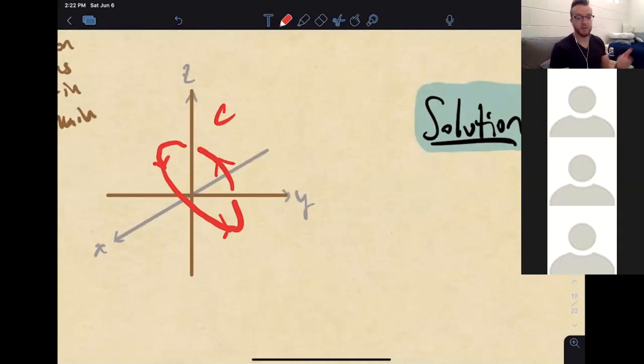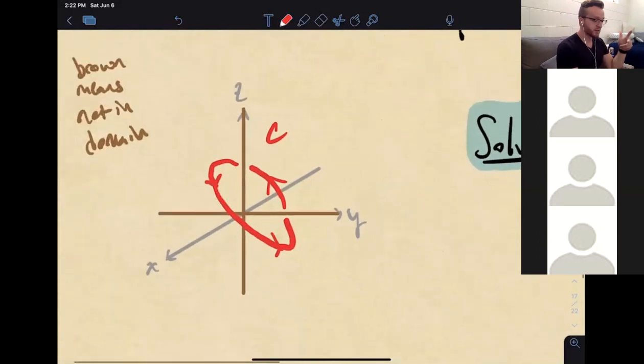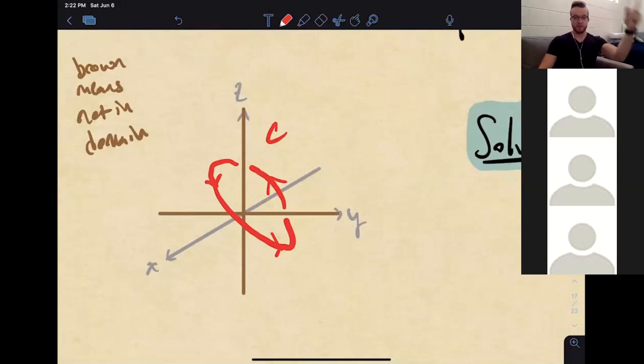Hopefully it's clear enough in terms of wrapping around. But if you think about this brown cross, which is indicating the y and the z axis, those are the things that are not a part of the domain. Then the red curve kind of wraps around both in some sense.